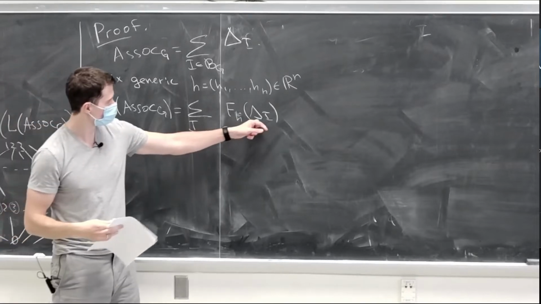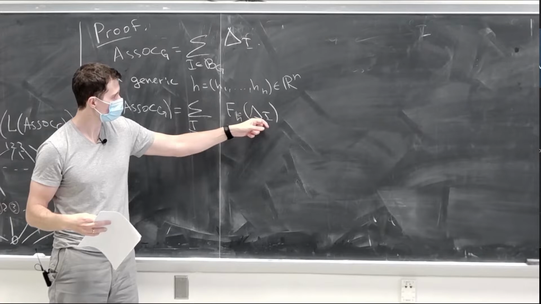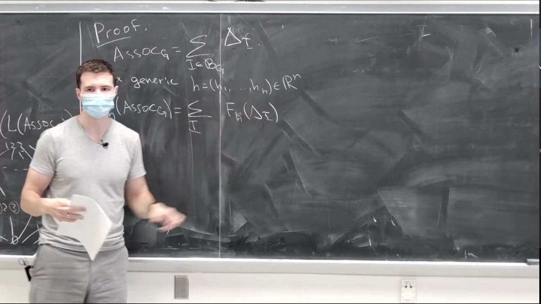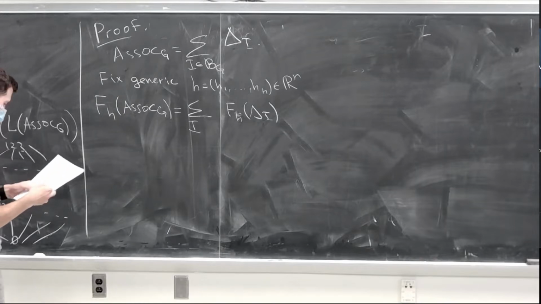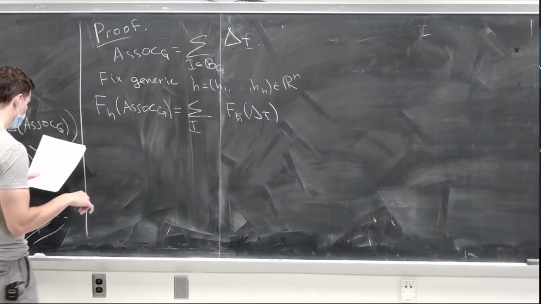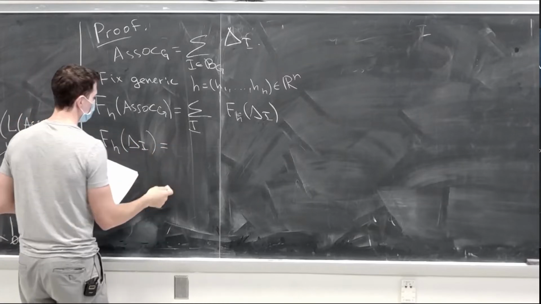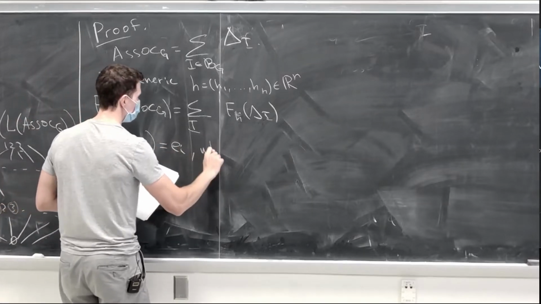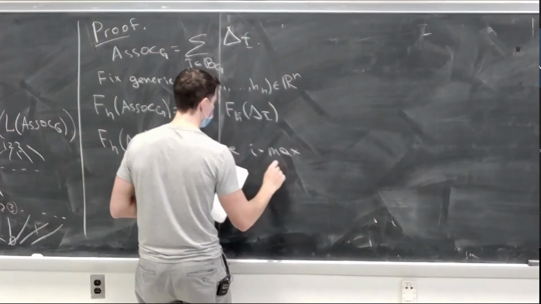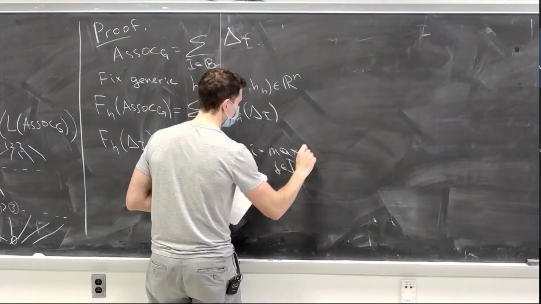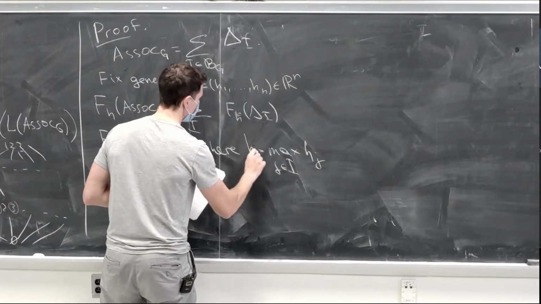And each of them, right, is a conic cell of a bunch of basis vectors. So the vertex is going to be the one maximizing the value of h_i, which is maximal. So f_h(Δ_I) is e_i, the maximum.